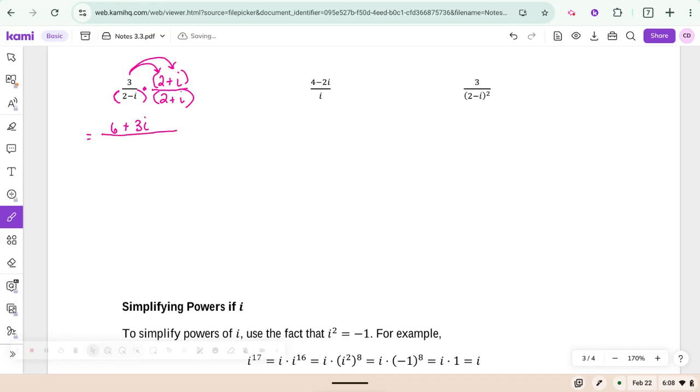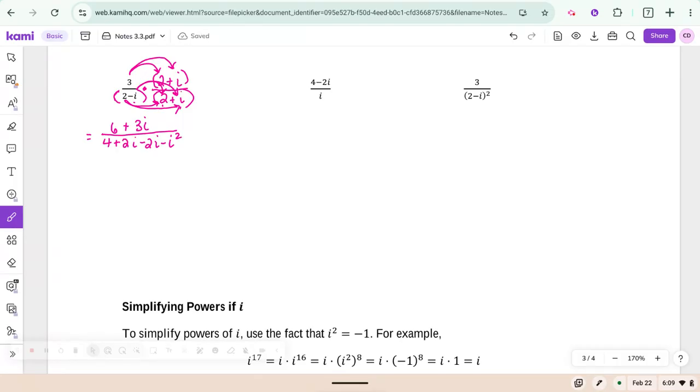In the denominator, I'm going to multiply each of those two numbers times each of these. So I'm going to do 2 times 2, which is 4, 2 times i, which is 2i, and then I'm going to do minus i times 2, which is minus 2i, and minus i times positive i, which is minus i squared.